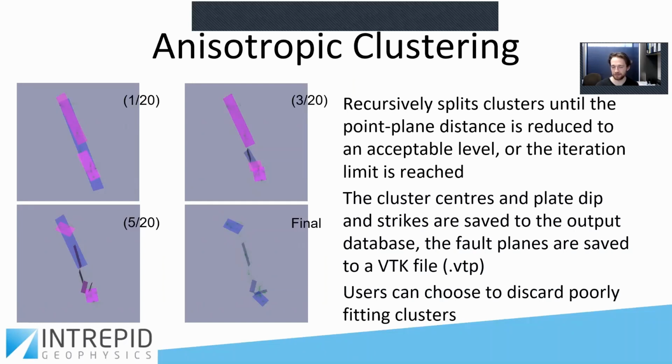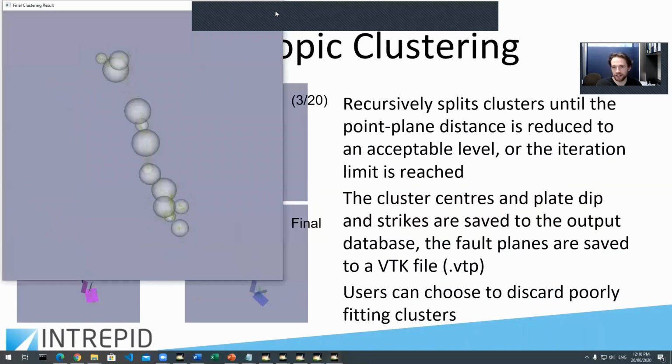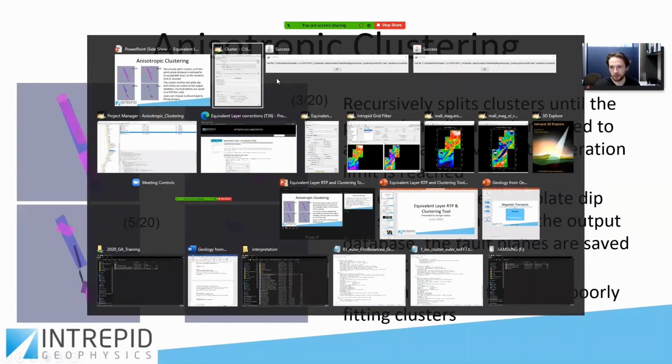So we're going to be setting up a job here that will target a certain amount of uncertainty in the data set, and it's going to be iteratively splitting up all these planes and trying to figure out which ones to keep and which ones to split up and adjust further to find all of these planes within the data set. So you're going to have control over how coarse or how fine you want this to be.